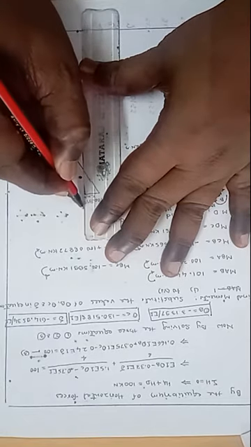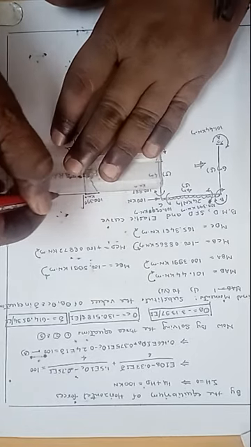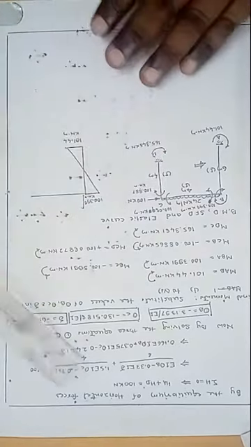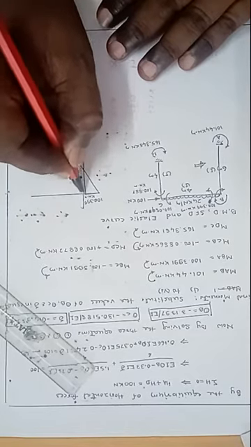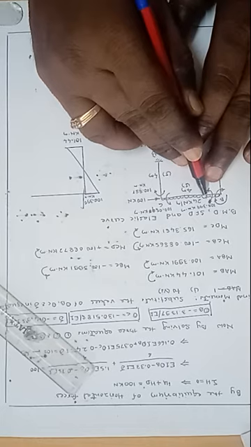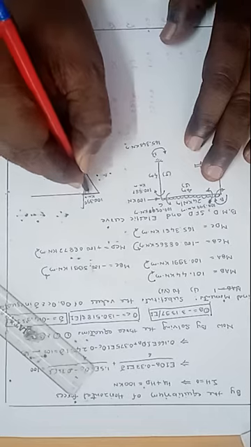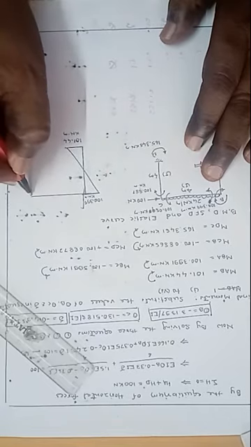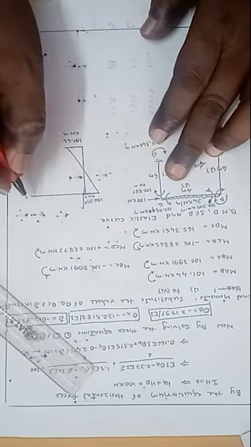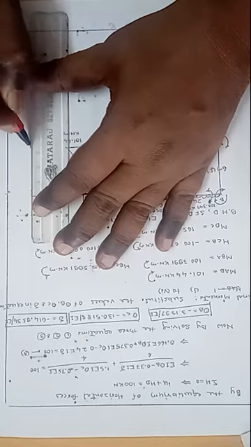For the horizontal member, we have to draw the bending moment diagram. Here this one is 100.399, hogging, so we show it above the reference line, and this one is 100.089, that one is sagging. We represent the bending moment diagram like this.